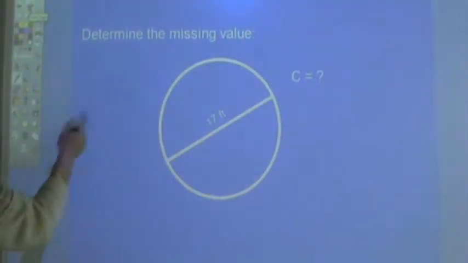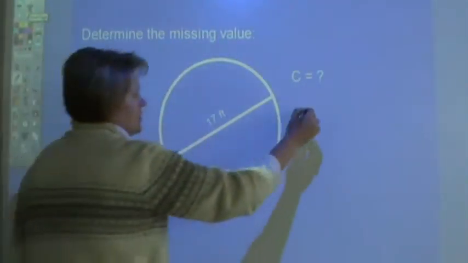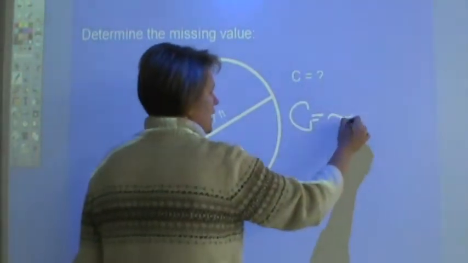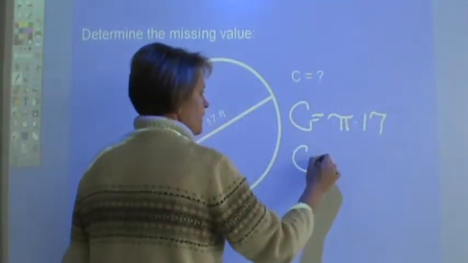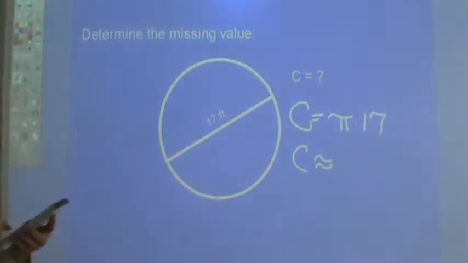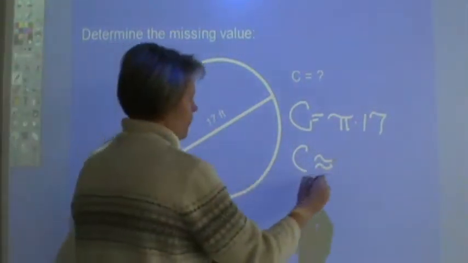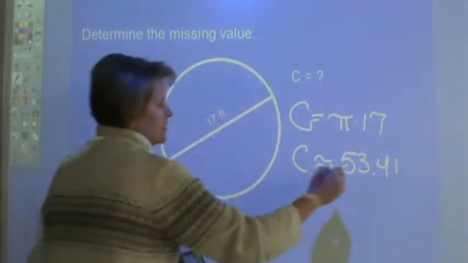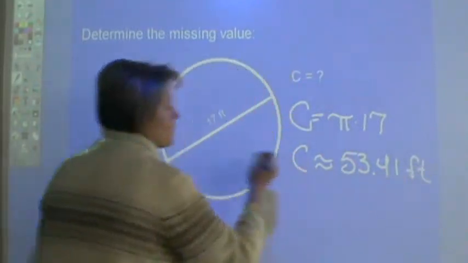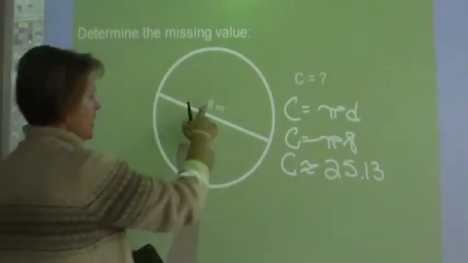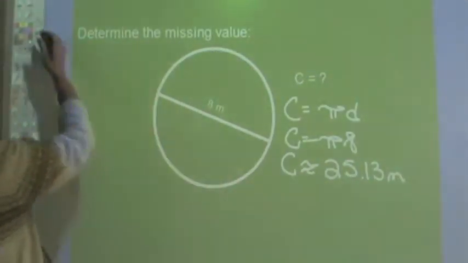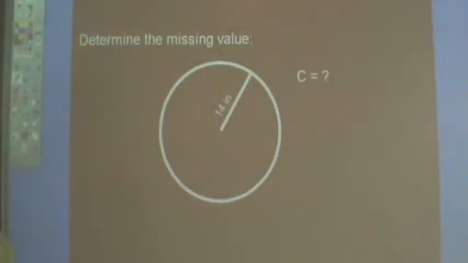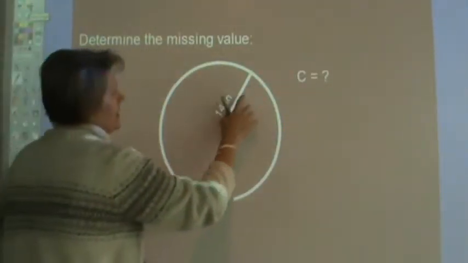All right, same thing here. I'm giving you a diameter of 17, so it's just going to be C equals pi times 17. And we'll round that. So again, pi times 17 is going to get me about 53.41. I should put labels on this. This is feet, and back here it would have been meters. This time I'm only giving you the radius.